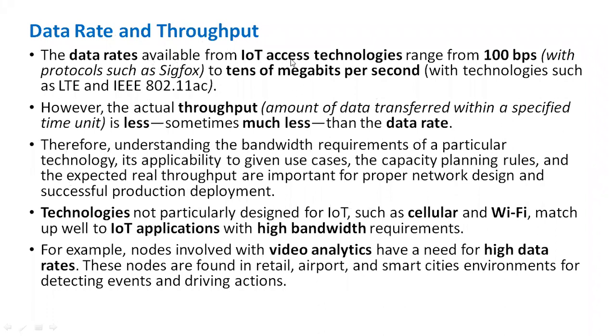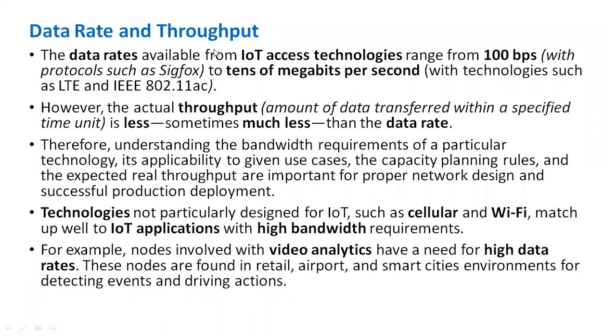So data rates are available from IoT access technologies, and these data rates range from 100 bits per second to tens of Mbps. Okay, 100 bits per second to 10 Mbps, 20 Mbps, 80, 90 Mbps also, because it is tens of megabits per second, that is Mbps.